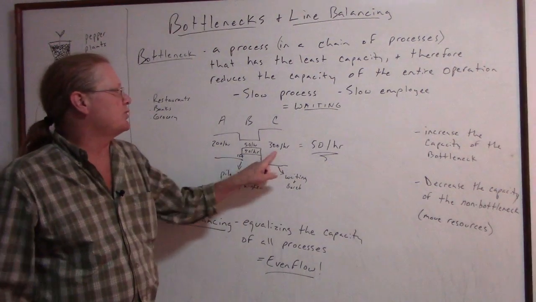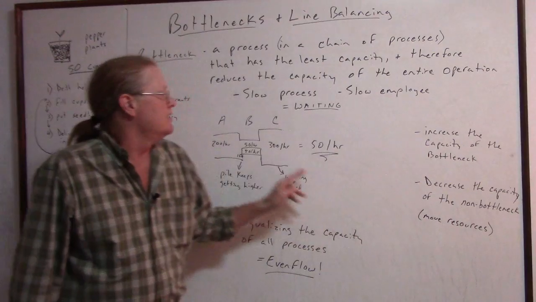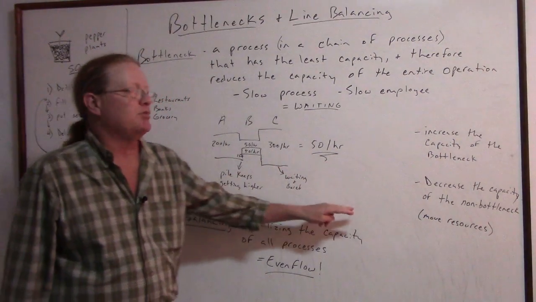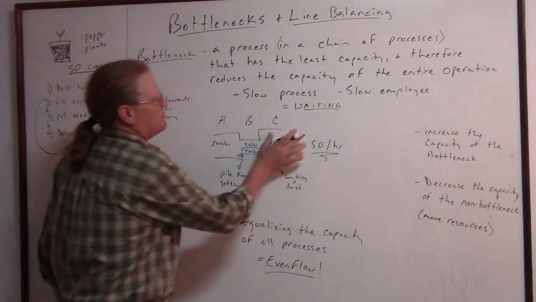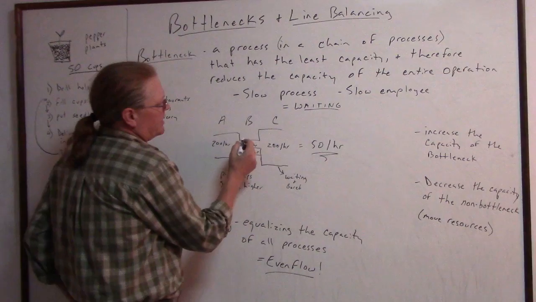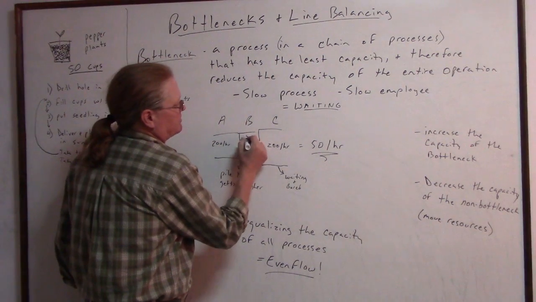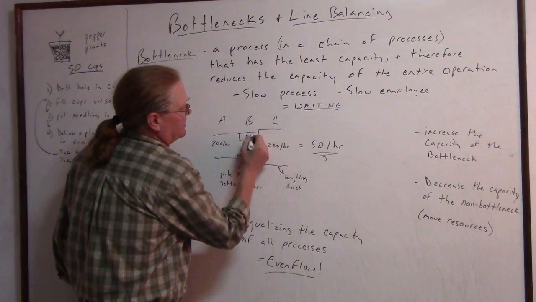So if this was employee intensive, we'd decrease the capacity of, say, this operation and move the resources over here. So now maybe we could reduce this down to 200 per hour, and here again raise this by 50, and raise this, the same one again, by 50.